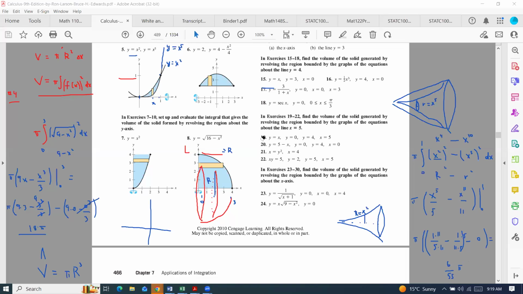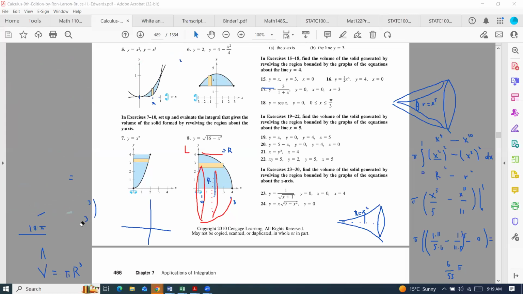I'm sure you know that. So anyways, these are the nice cases, and of course, not everything is that nice. And this happens when you start to rotate not about the x-axis, but about, let's say, some other horizontal line.